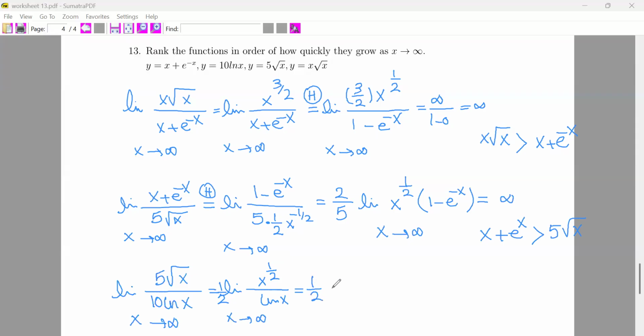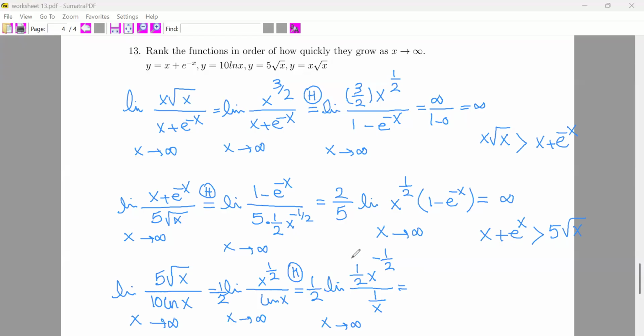We would have 1 over 2, and we're going to take the derivative: the derivative of x to the power 1 over 2 is 1 over 2 x to the power 1 less, which is negative 1 over 2, over ln of x, whose derivative is 1 over x, when x is approaching infinity.